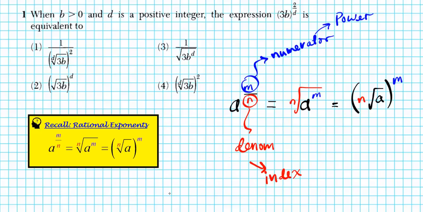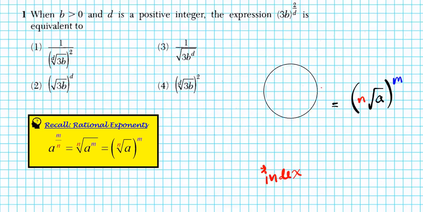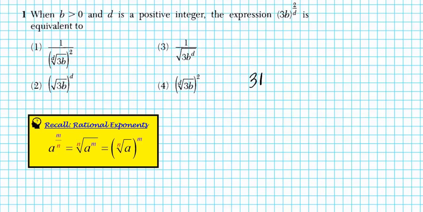So let's apply this idea to the problem we're dealing with here, quantity 3b raised to the 2 over d. If I want to write this as a radical expression, there are two formats I can use.